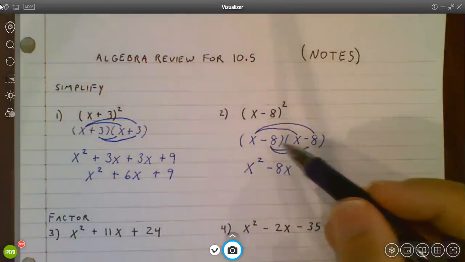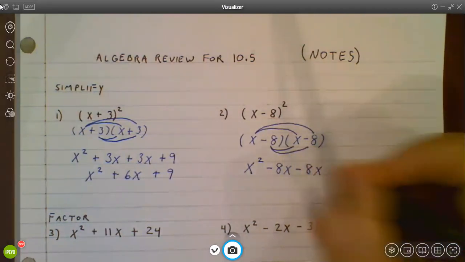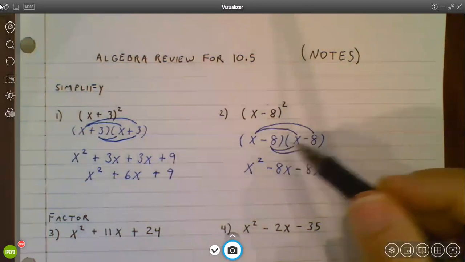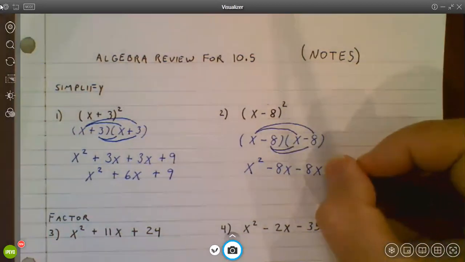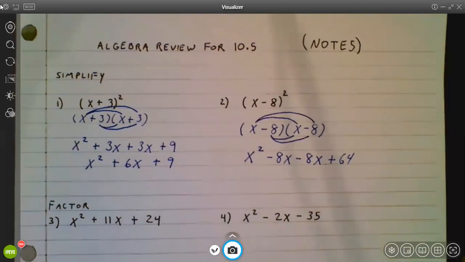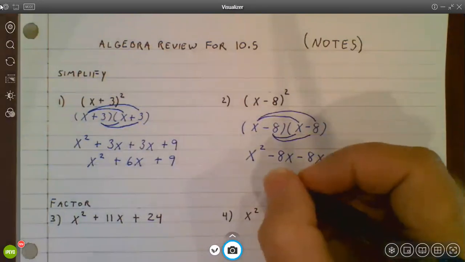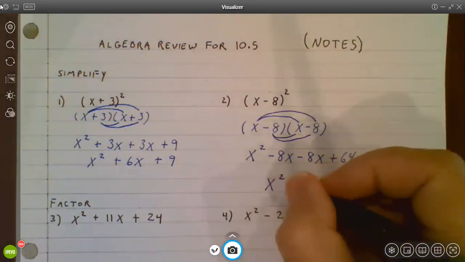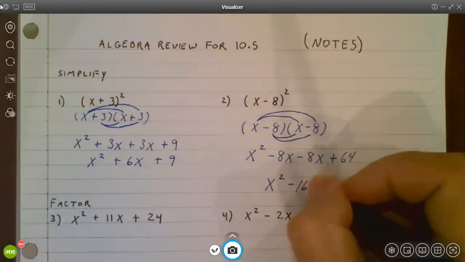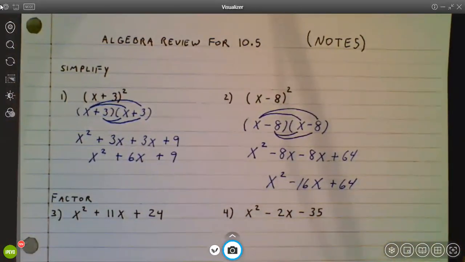So if I did negative 8 times x, I get negative 8x again. And if I did negative 8 times negative 8, I get a positive 64. And then always simplify whenever you can. So let's combine those middle two. We know that a negative 8x and a negative 8x is going to give us negative 16x. All right, so that's where that would finish.